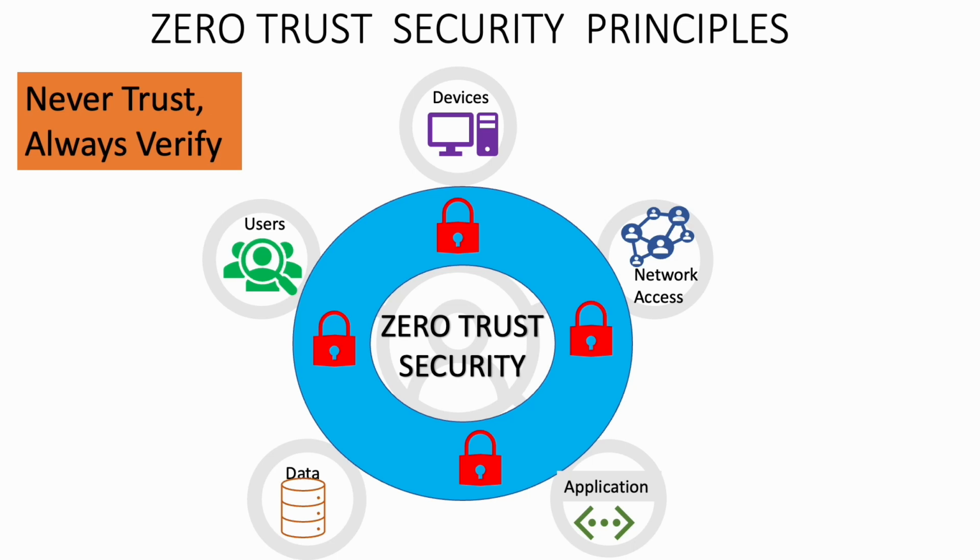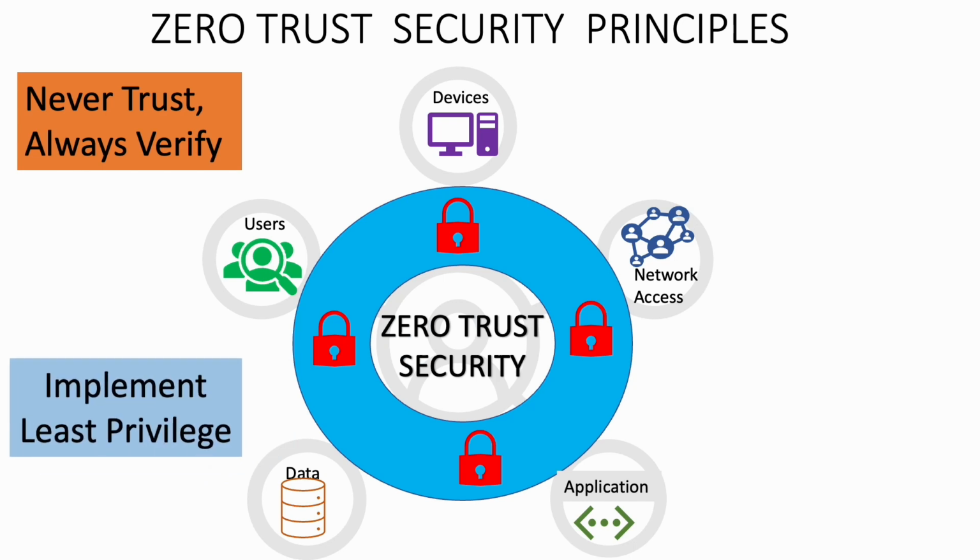The second key principle is to implement least privilege. What that means is that for any user, application, or other object that accesses the network, we give only the minimum privilege required for the application or user to do their job.